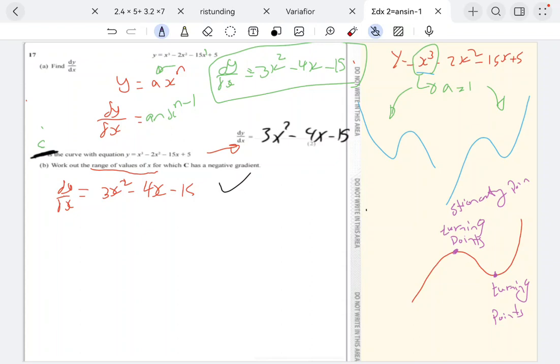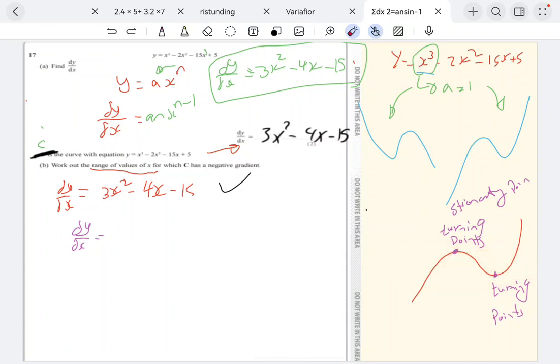How do we get the turning points? At the turning point, dy over dx equals 0. Why? Because any tangent at this point will be a horizontal line. Look, if I draw a line here, it's going to be horizontal.